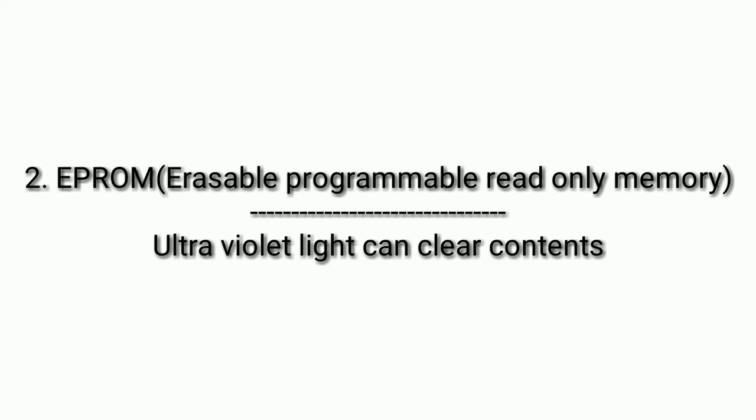We can erase its data using ultraviolet light, and we can easily reprogram or rewrite the memory, which means we can store new data in this memory. This is the property of erasable programmable read only memory.